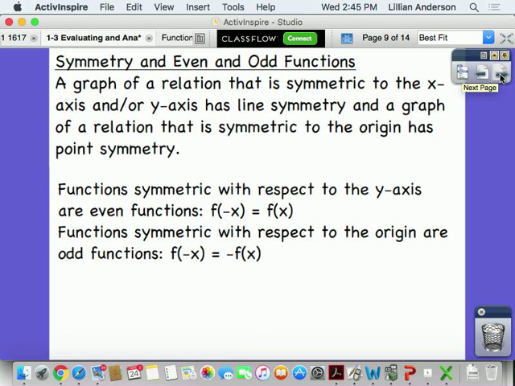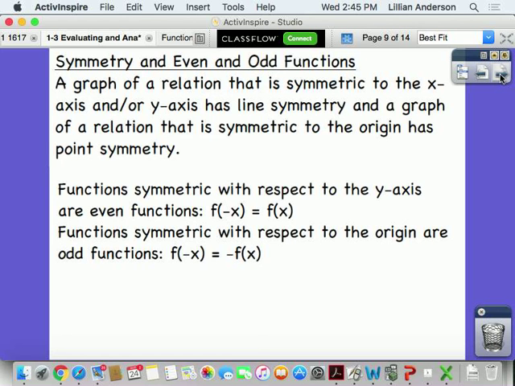Symmetry and even odd functions, okay? The graph of a relation that is symmetric to the x-axis and or y-axis has line symmetry. And a graph of a relation that is symmetric to the origin has point symmetry. So what does that mean? Garden variety version.